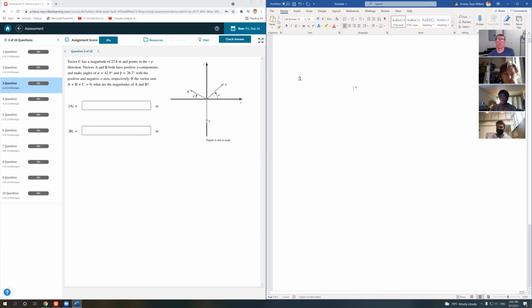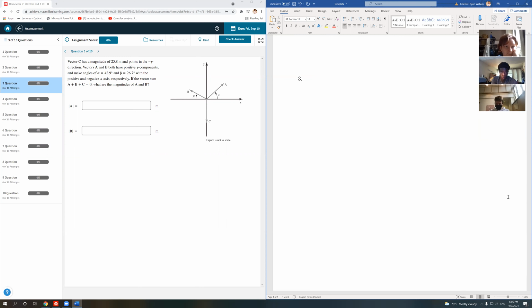Okay, so the first thing to do here is to break these vectors into their components, right? Does everybody feel okay with the unit vector notation? Is it strange or uncomfortable to anybody? It's okay if it is.